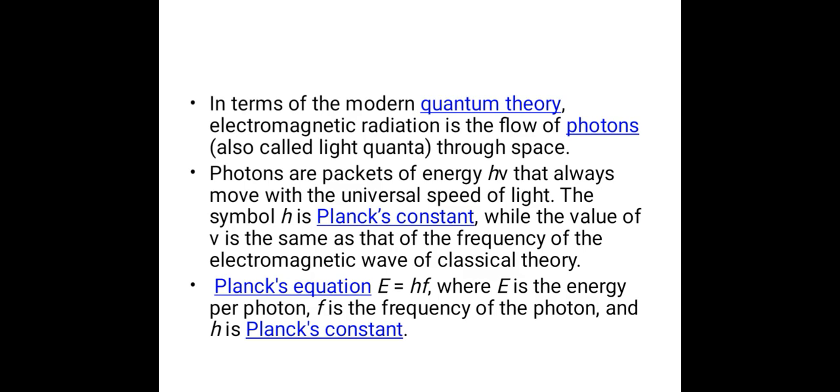This is nu, which is represented in this V-like thing, but due to some problems in the text we used, it just turned out to be a V. So we will be representing that V as f. f is equal to frequency. So Planck's equation, E is equal to hf, where E is the energy per photon, f is the frequency of the photon, and h is the Planck's constant.